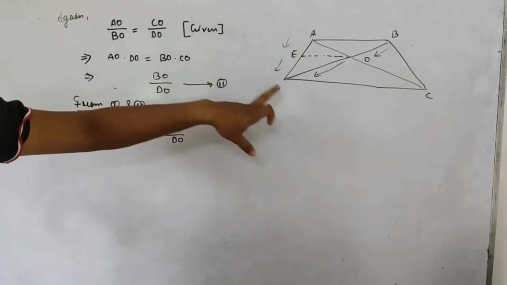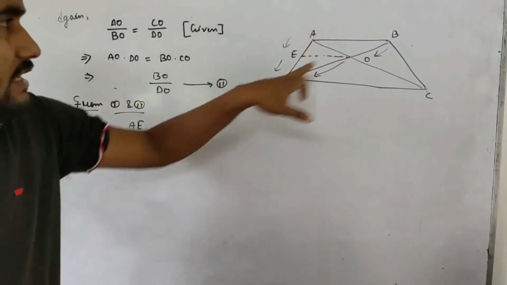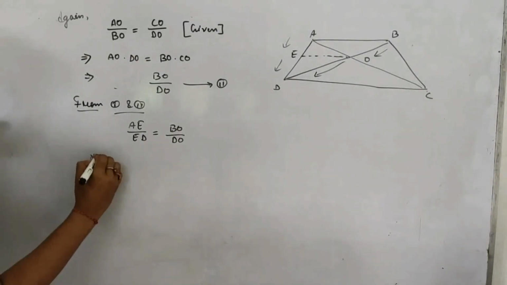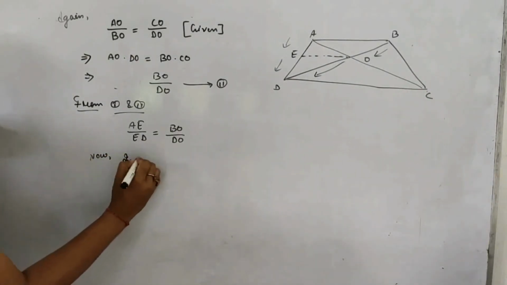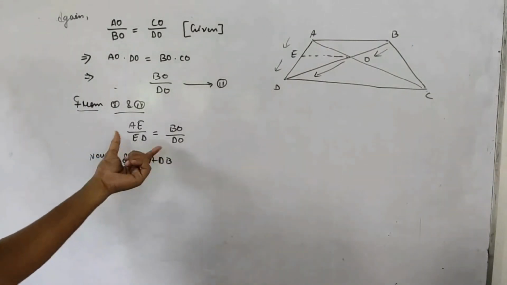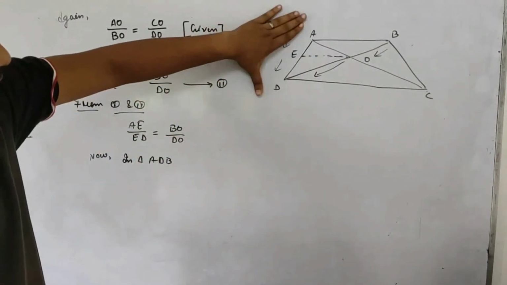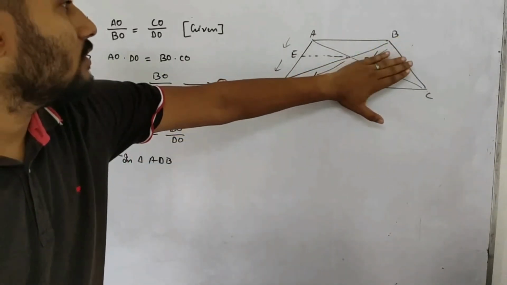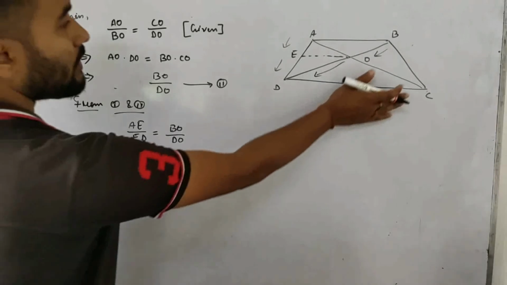So clearly you can see in this triangle, ADB. So I can say now in triangle ADB, understood or not? This ratio is equal in which sides? AE by ED, this one, BO by DO, this one. So which triangle is this one? ABD, right? This is nothing but our ABD triangle.